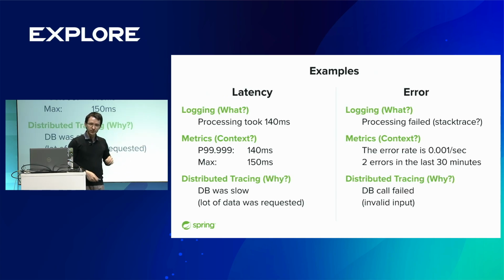So I have two examples for this. One of them is a latency issue, and the other one is an error. So let's say that you can see in your Tomcat access logs that processing of this very request took 140 milliseconds. Is that good or bad? We have no idea.